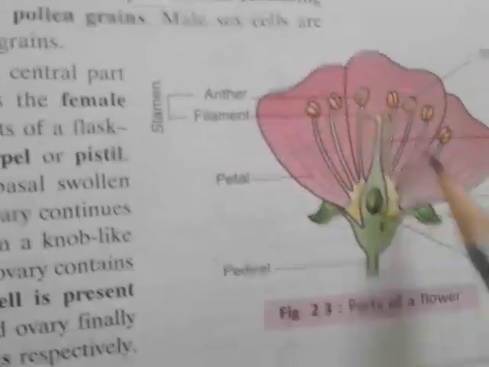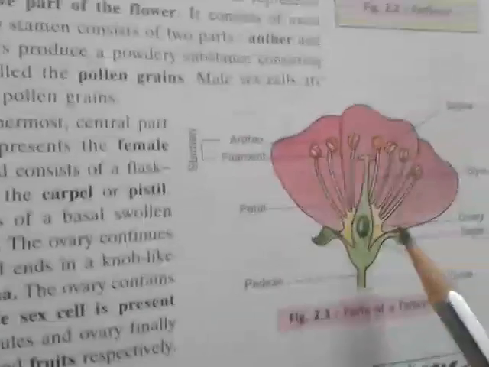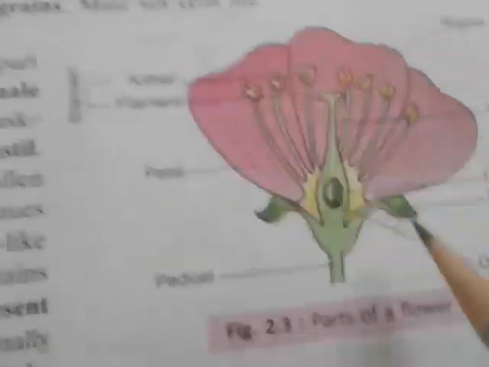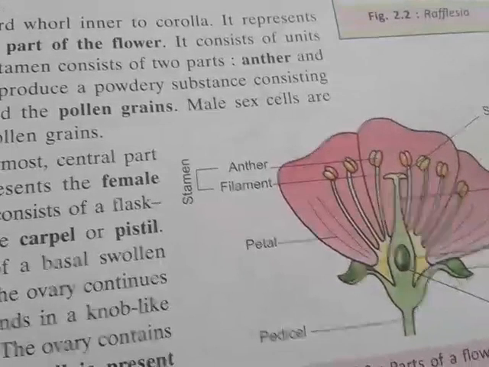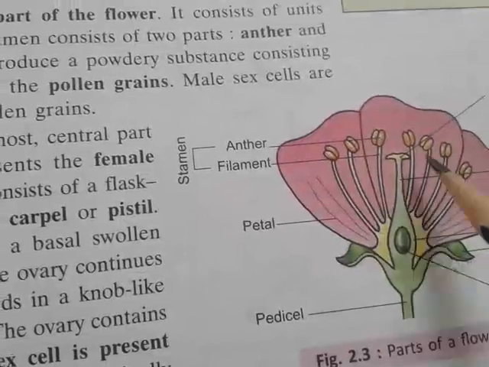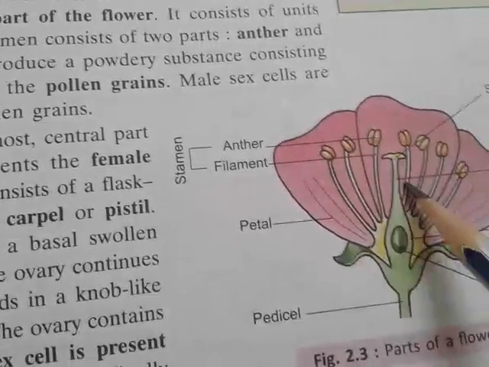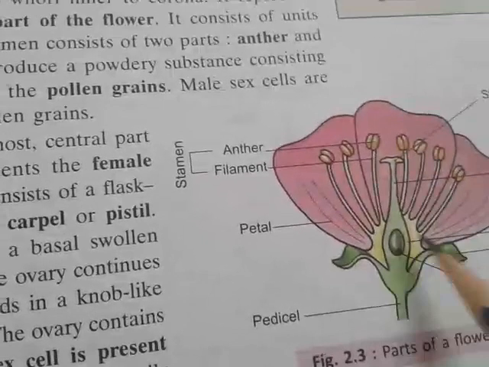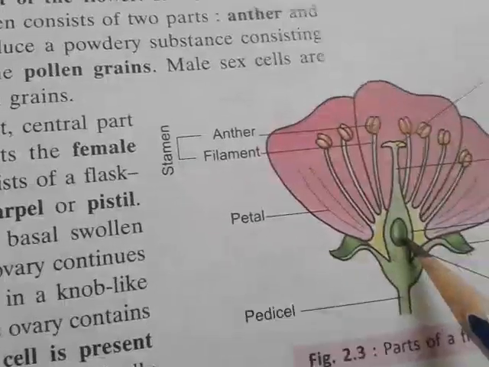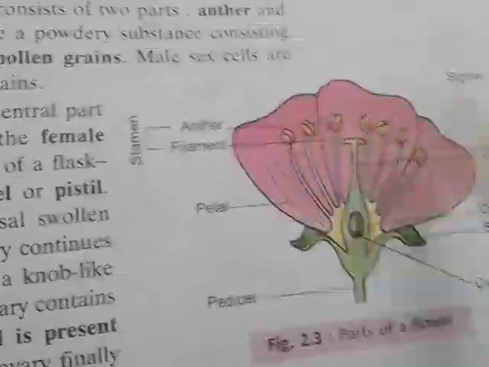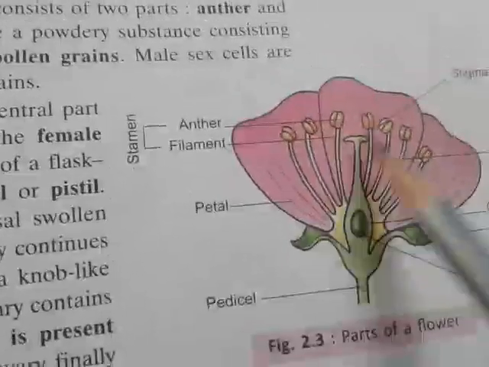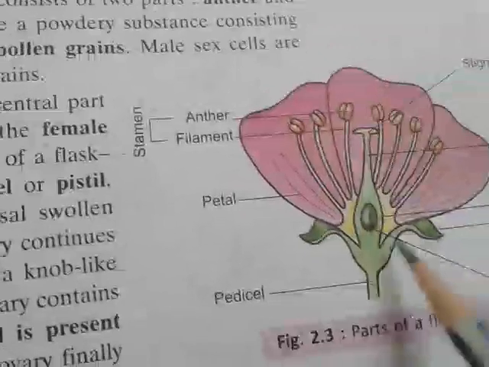So the gynoecium is the female reproductive part, and the male reproductive part is the androecium. The androecium consists of two parts, the anther and the filament. The female reproductive part consists of three parts: the stigma, this knob-like structure, the style, and the ovary. The whole thing is called the ovary, and this is the ovule. Now, whenever pollination occurs, the anther pollen comes onto the stigma, and the style carries the pollen grains towards the ovule.